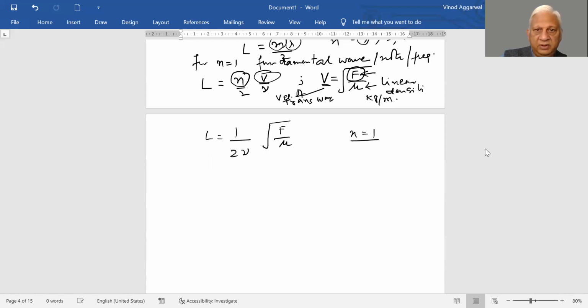When N is 1, we have already seen that this wave is called the fundamental frequency, and this frequency we denote as nu naught.